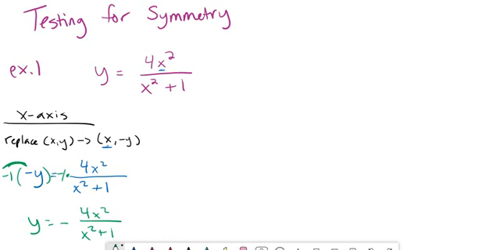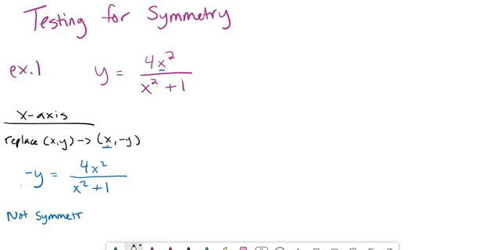So in this case, that didn't help. Sometimes that little trick of multiplying by negative 1 can help us out, but we saw in this case it did not. And so we would say it is not symmetric about the x-axis. This particular equation does not have symmetry about the x-axis.